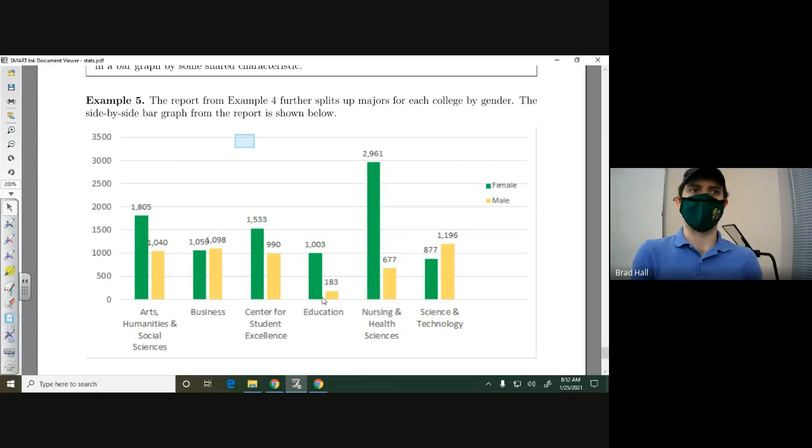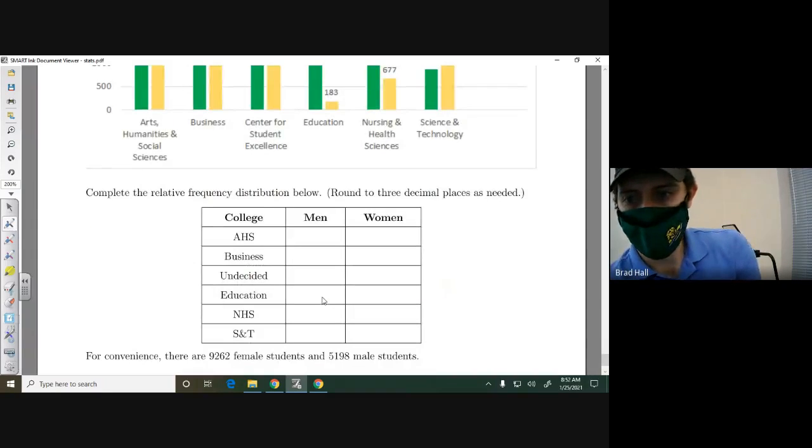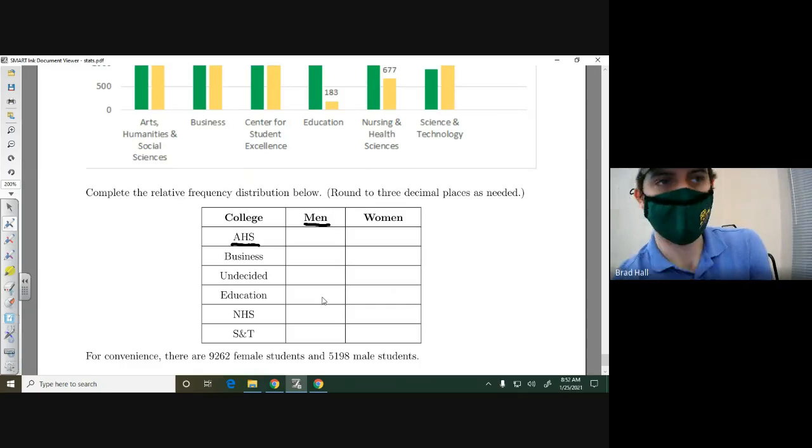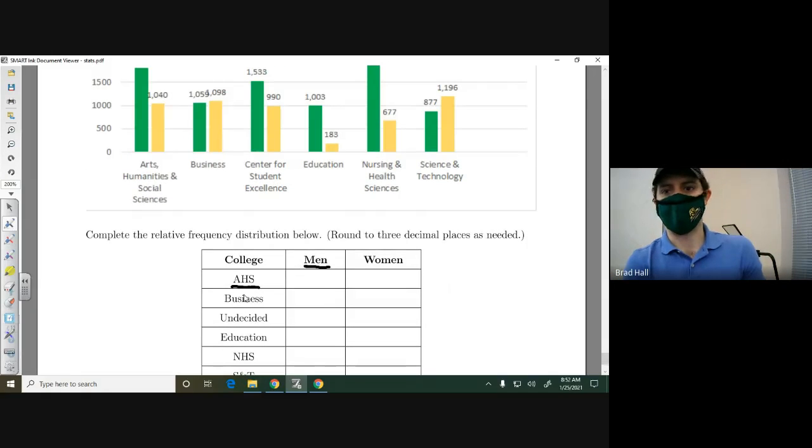But are we dividing it by the total number of people or by the number within that specific category? For example, what's the very first one? It's men in arts, health sciences, or humanities and social sciences. Oops. Arts, humanities, and social sciences.